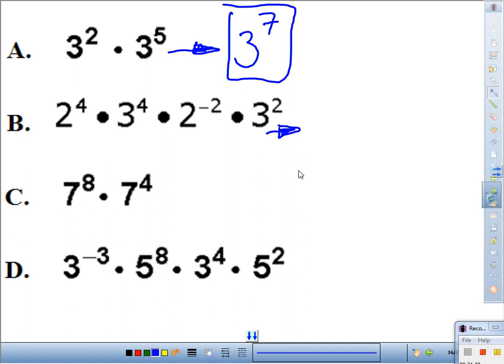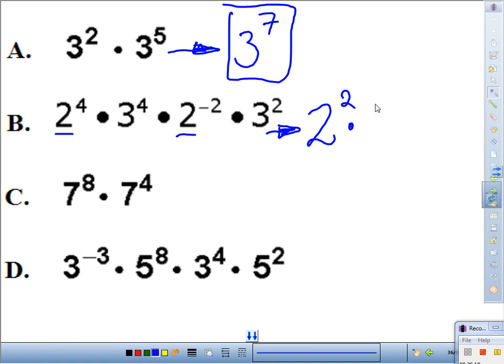All right. 1B. Pass to someone, Josh? Yep. Leo. Okay, well, let's do it together. What are the same bases? Same bases. 2 and 2. So that gives me 2 to the what?